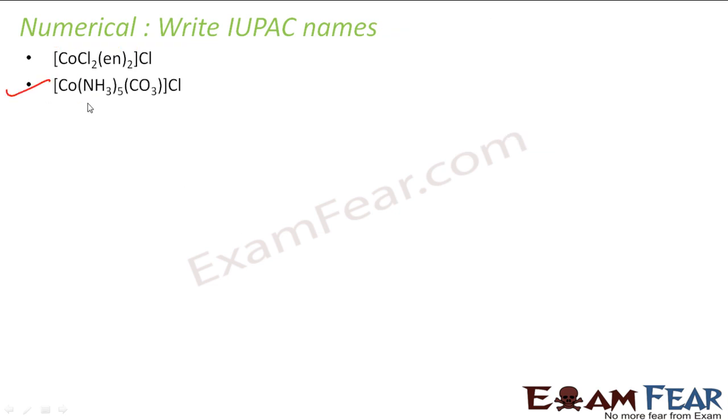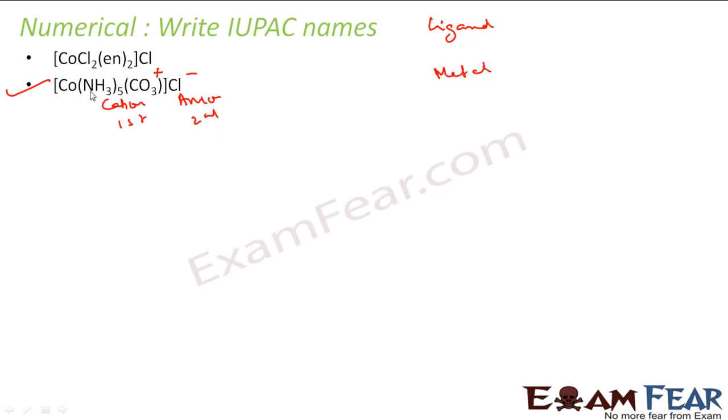Let's take the next one. That is [Co(NH3)5CO3]Cl. This is cation, this is anion. So cation is first, anion is second. In cation we have the complex. So the complex will have ligand first and then metal.